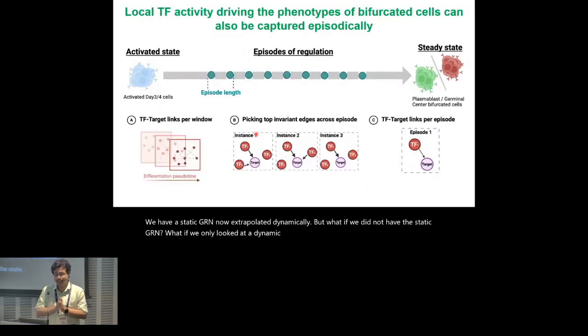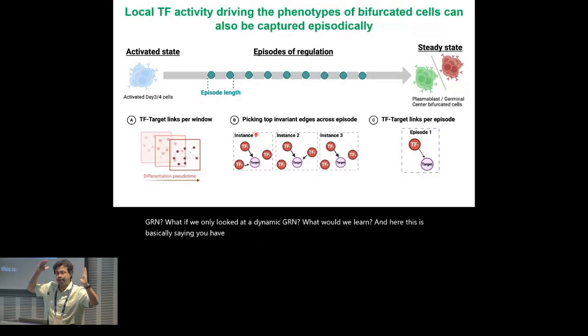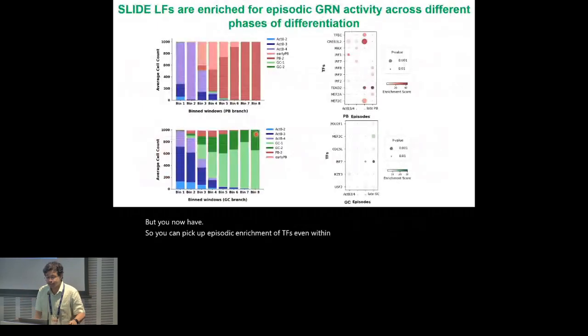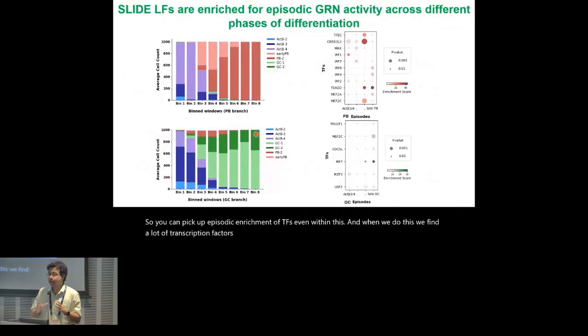And here, this is basically saying you have the activated state and you have the final bifurcated PB and GC states. But you now have episodes. So you can pick up episodic enrichment of TFs even within this. And when we do this, we find a lot of transcription factors enriched that are actually missed when you look at the endpoints. You only get this when you look in the middle.